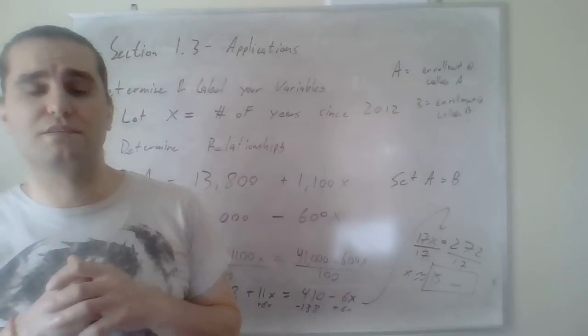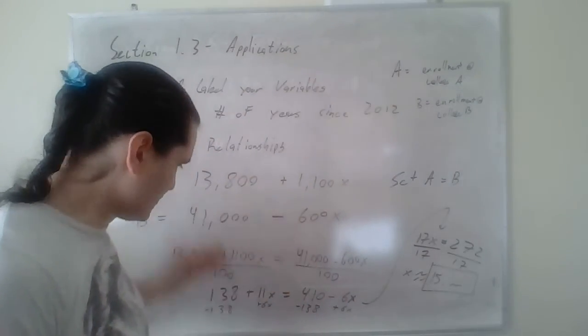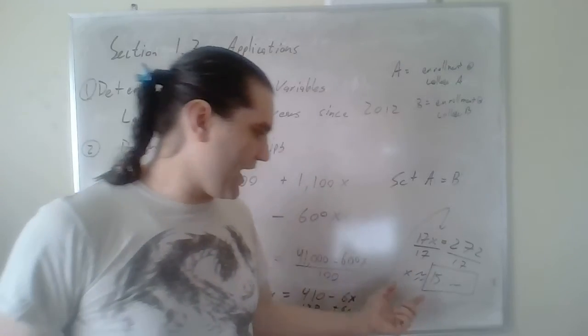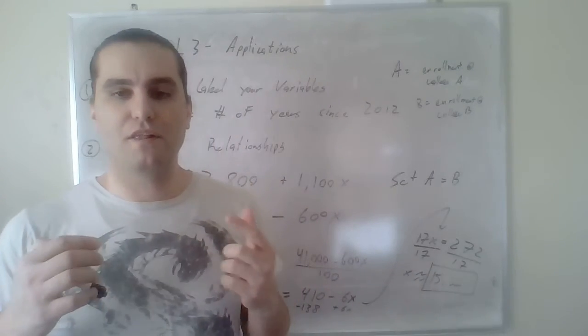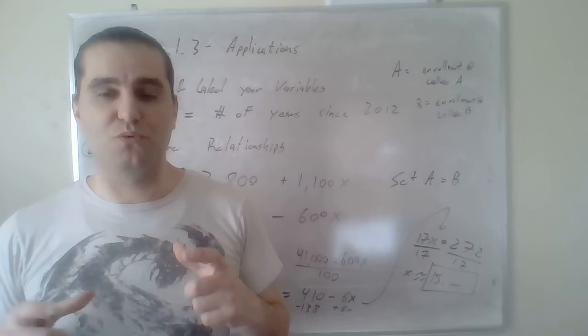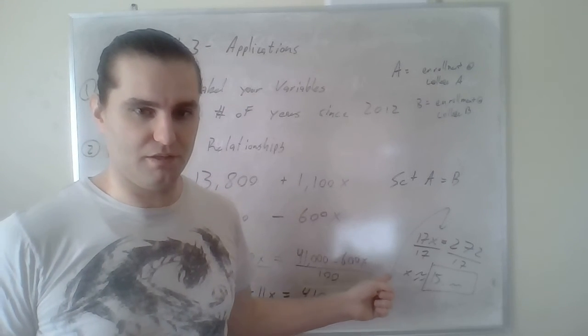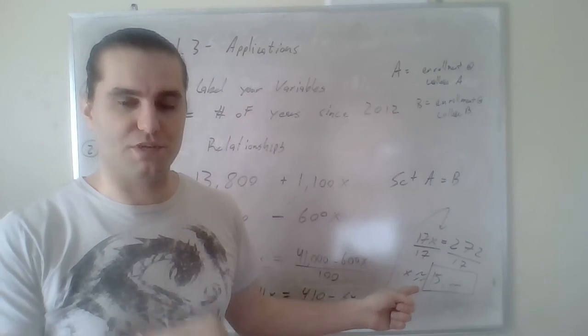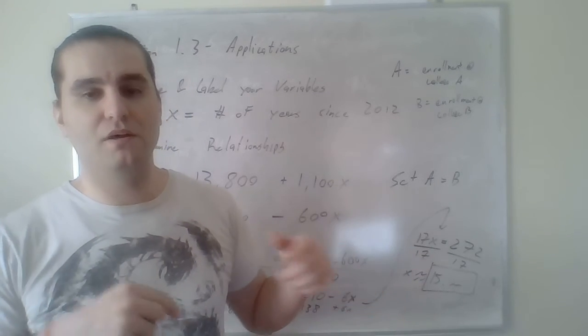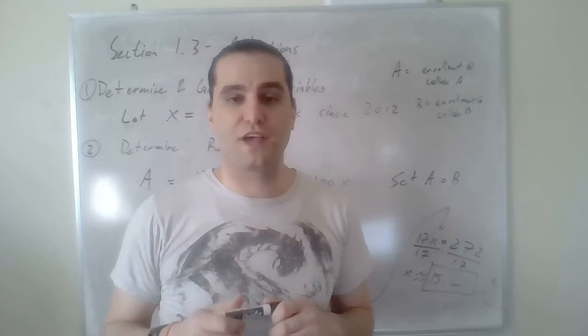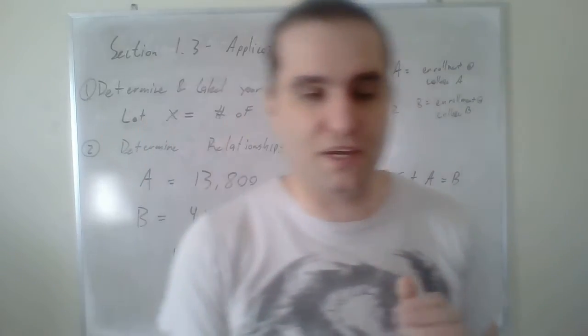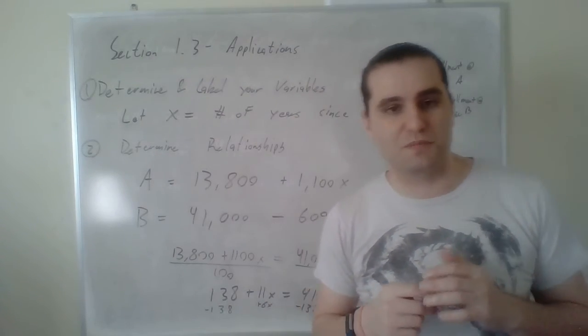What's important is that once you've solved your linear equation and you get your answer for x, there's always a very important step where you reinterpret your answer with respect to x, based on what the original question was asking for. The original question, as originally asked, is in what year will their enrollments be the same?